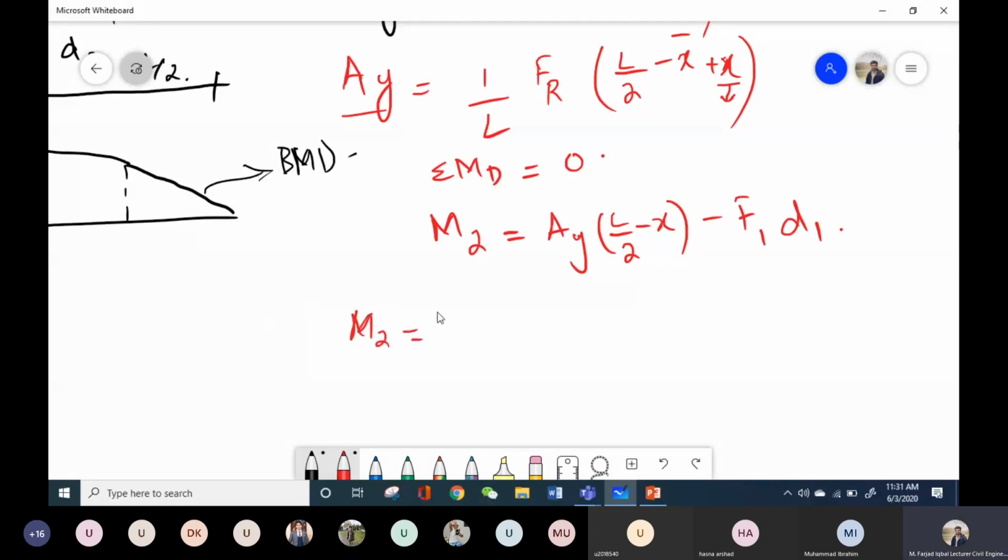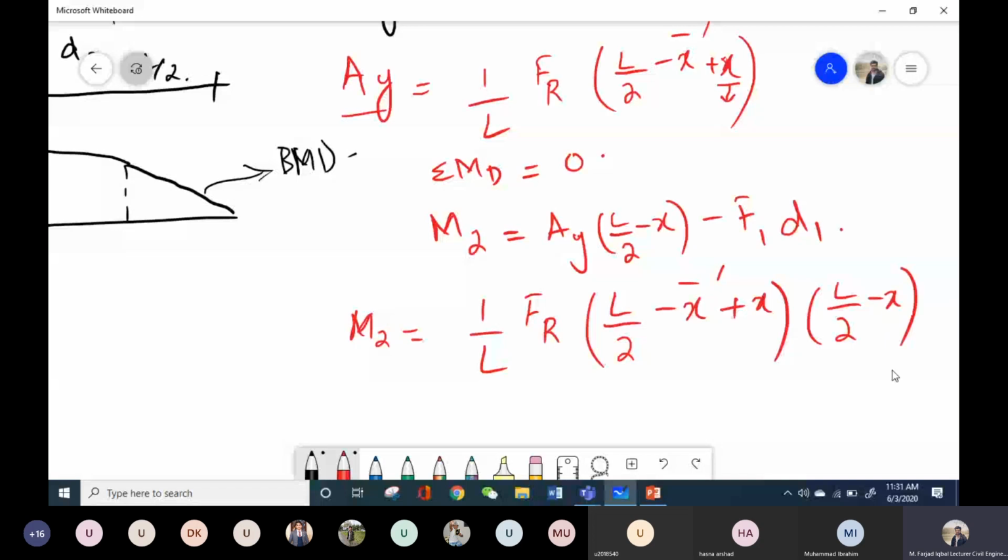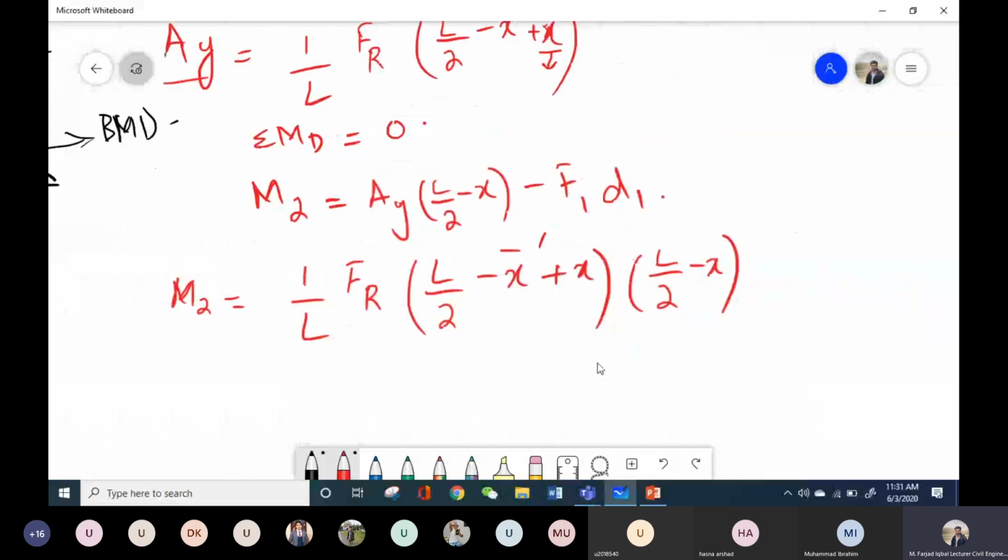So M2 is equal to 1 over L. I will substitute the value of AY from this equation: 1 over L FR into (L by 2 minus x bar dash plus x) into (L by 2 minus x), minus F1 D1. So M2 will be FR by 2.